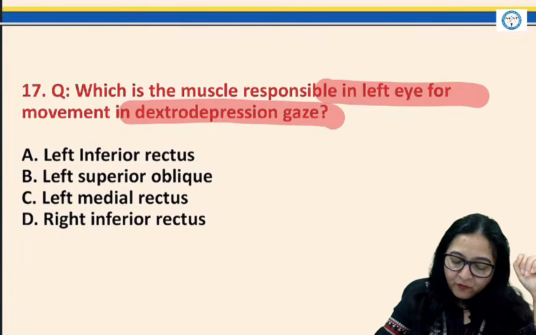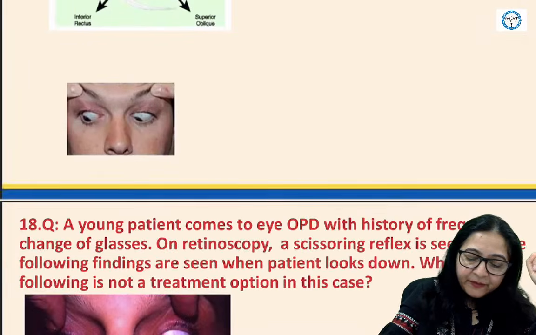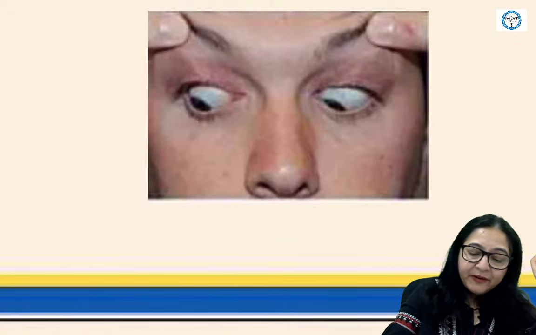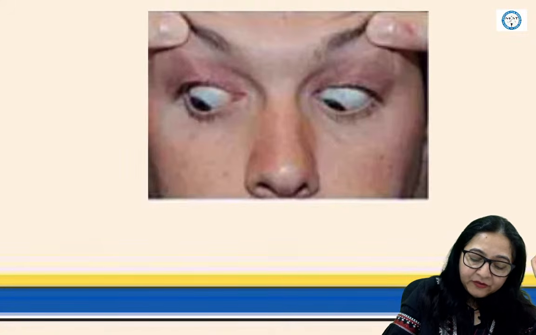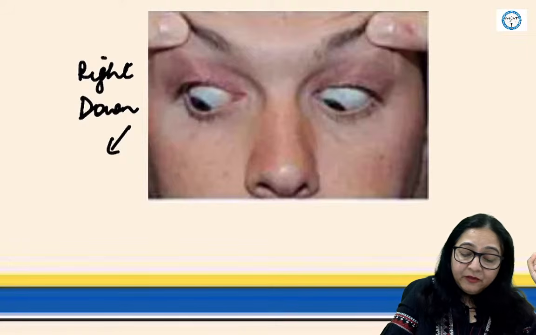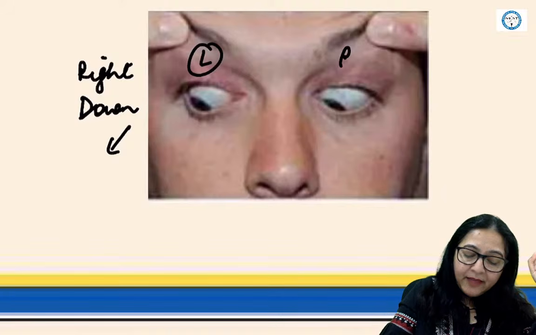If you want me to show what dextrodepression is, this is the position, beta. Dextrodepression: the eye is down and in the right gaze, right down gaze. So left eye and right eye.